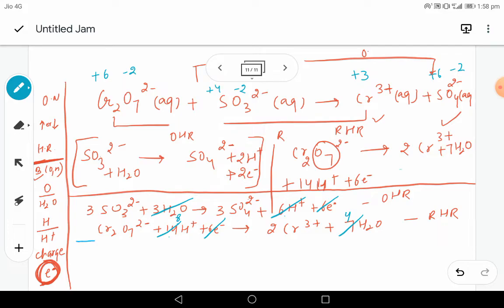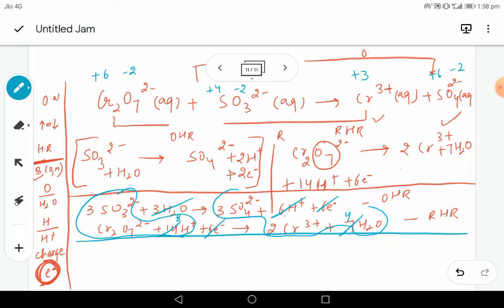So now let us combine all the reactants together and all the products together. So it will be 3SO3 2 negative plus Cr2O7 2 negative plus 8H positive.